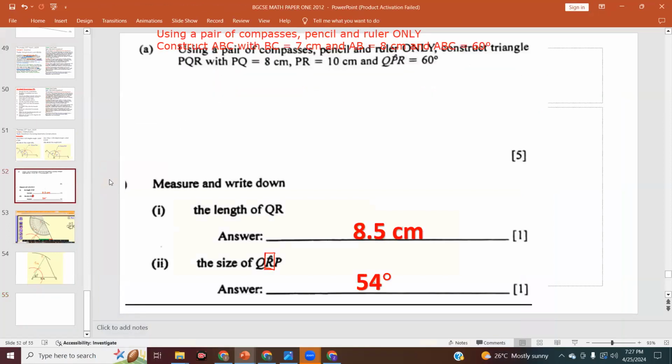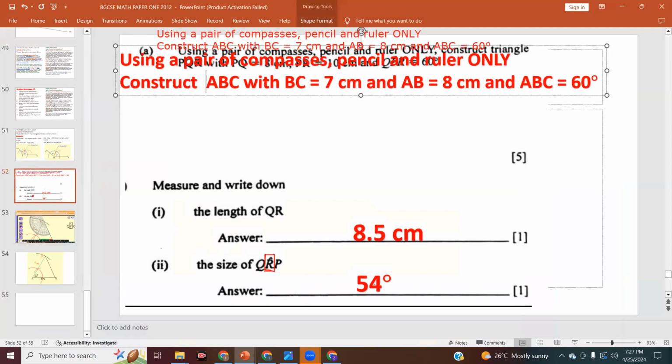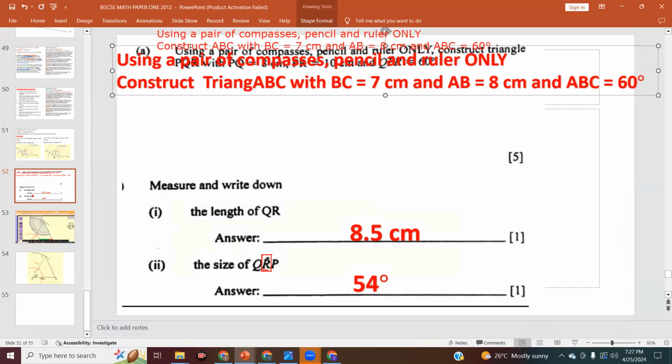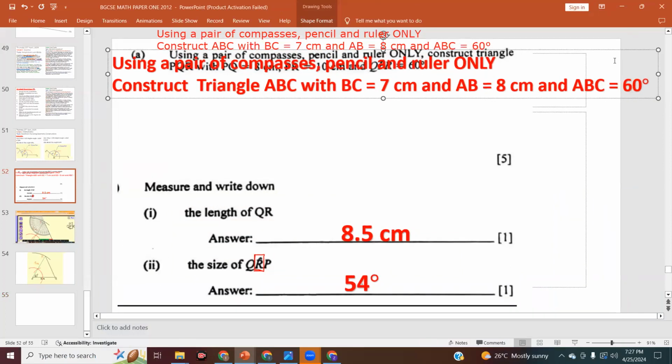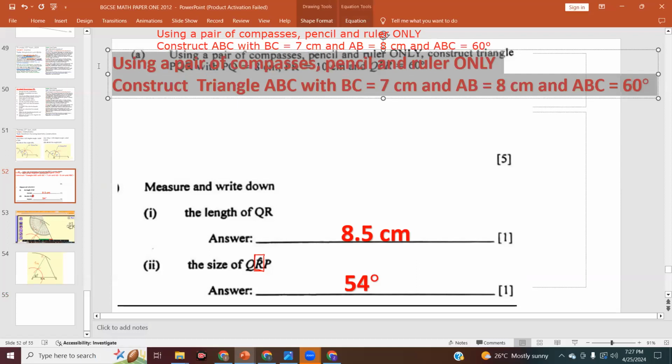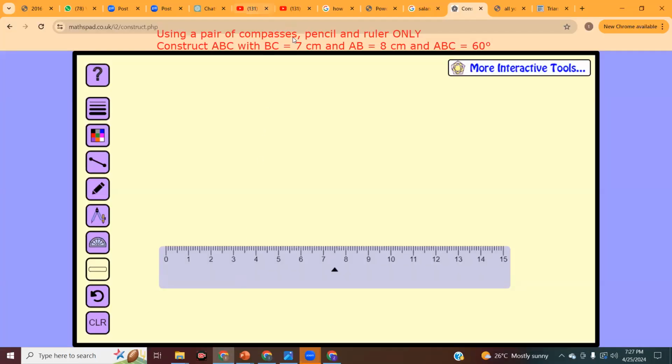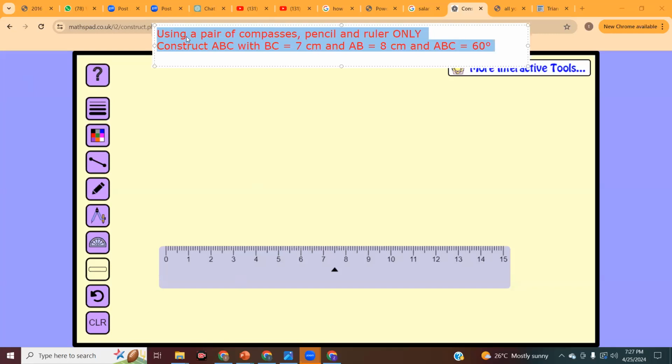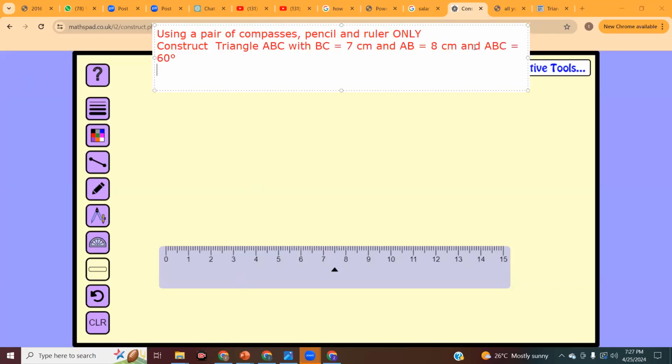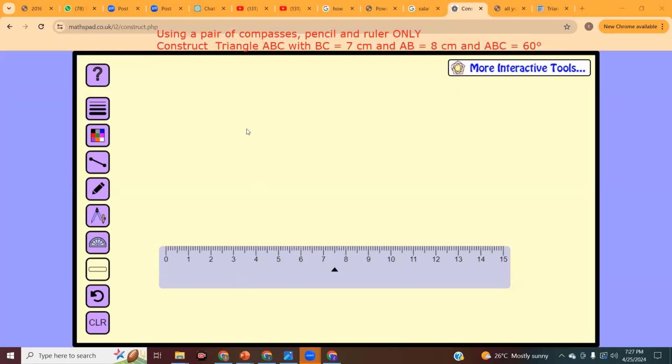So, construct triangle ABC where BC is 7 centimeters, AB is 8 centimeters, and angle ABC is 60 degrees.